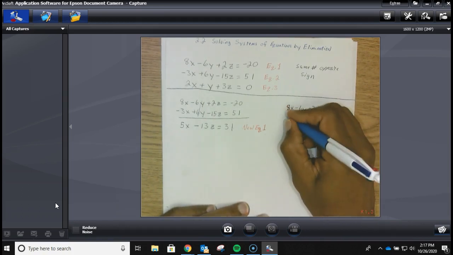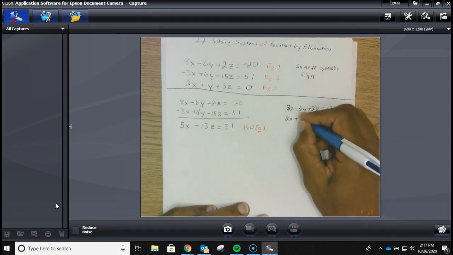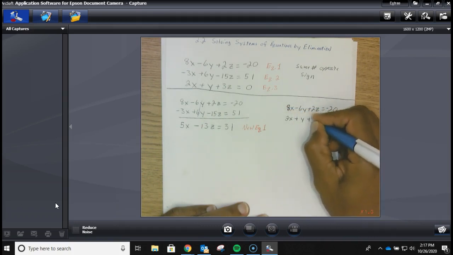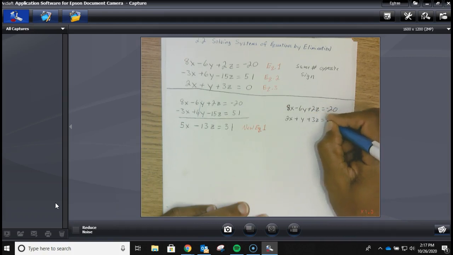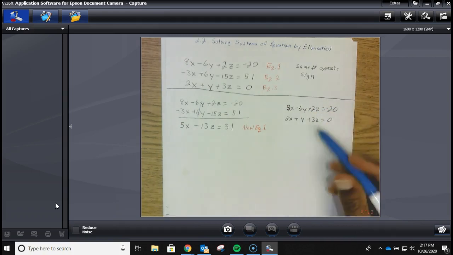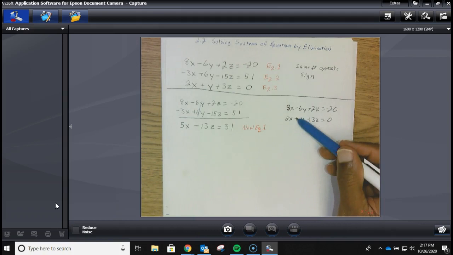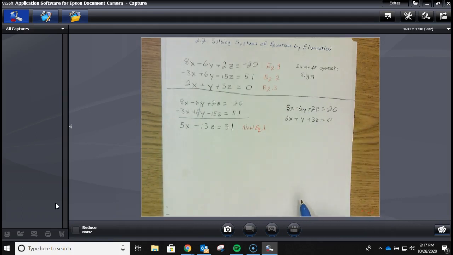Okay, here I have 2x plus y plus 3z equals 0. So if you look at this, they're opposite signs, but they're not the same number. This is 1 and this is -6. So in order to get them to be the same number, I have to do some manipulation.